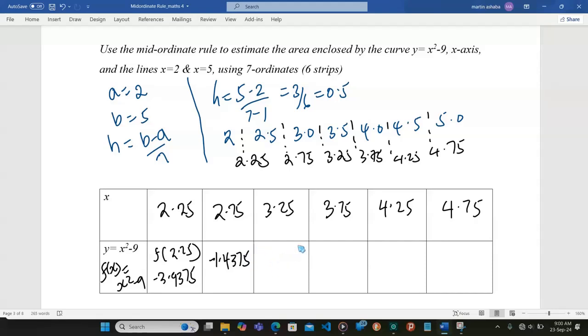If I put in 3.25 on my calculator, I get 1.5625. Substituting 3.75, you get 5.0625. If I put in 4.25, I get 9.0625. If I put in 4.75, I'm getting 13.5625.